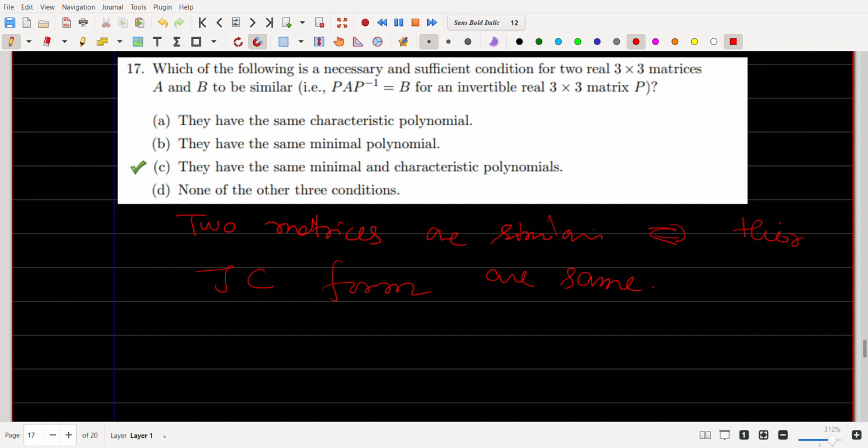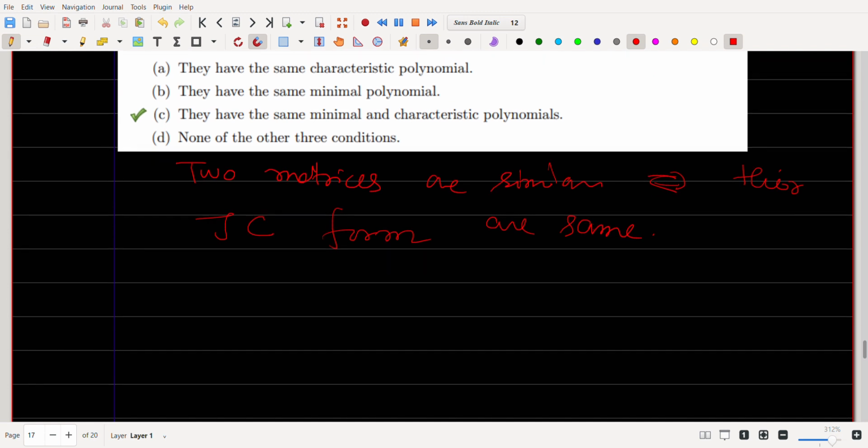So if 3 by 3 matrices are given, and their characteristic polynomial and minimal polynomial are the same, then they are similar. Why? Because that will impose a condition on the Jordan canonical form, and their Jordan canonical form has to be the same.